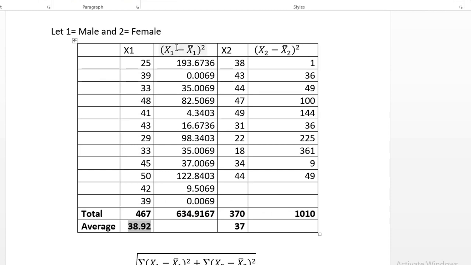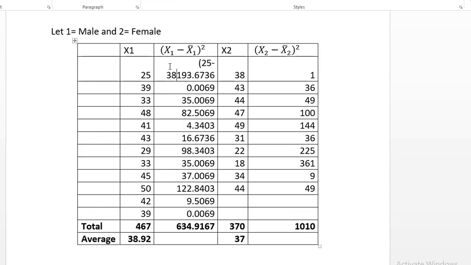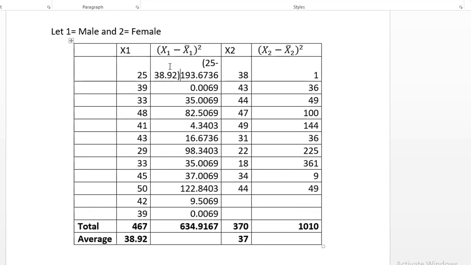And what I have further done here, I have calculated the sum of squared deviations. So what is 193.6736? Just subtract 38.92 from 25. It means I am just showing you here 25 minus 38.92 and take the power 2.